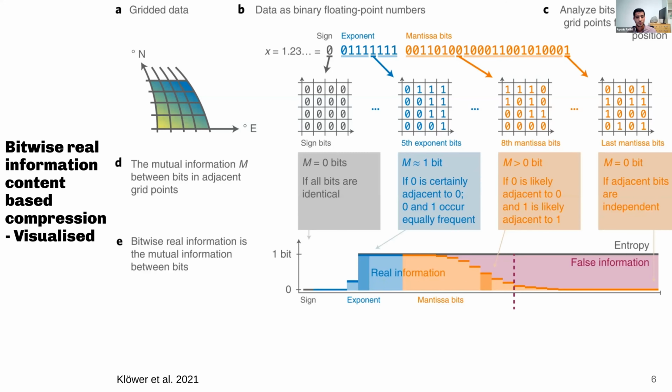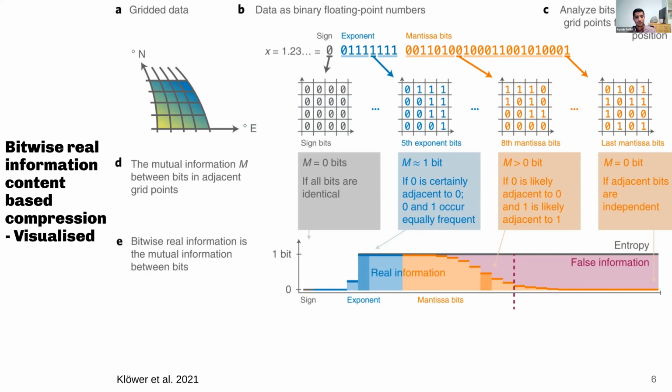Then we analyze the mutual information of adjacent bit positions. As an example, let's focus on the sign bit and examine the spatial distribution of all sign bits. When we look at one bit, we inquire about its significance in relation to its neighboring bits. Thus, we have more mutual information if the bits have something in common, and less mutual information if the bits just appear randomly.